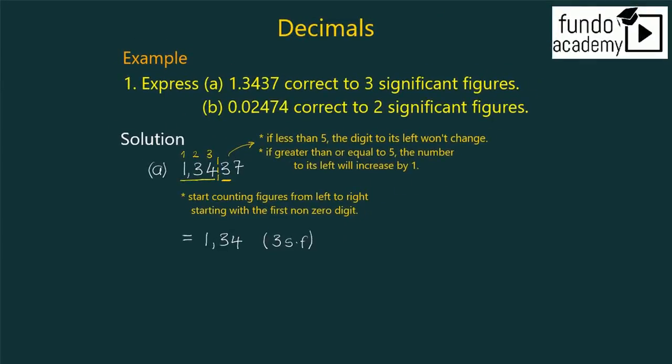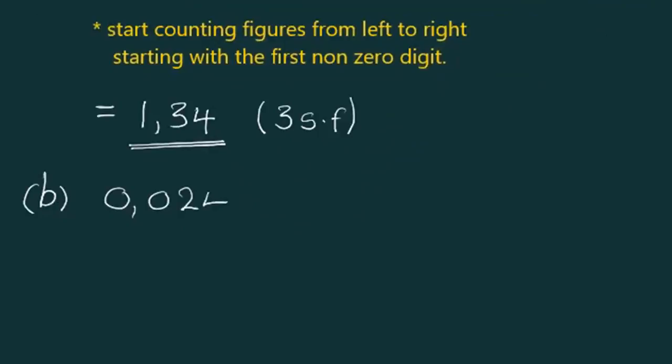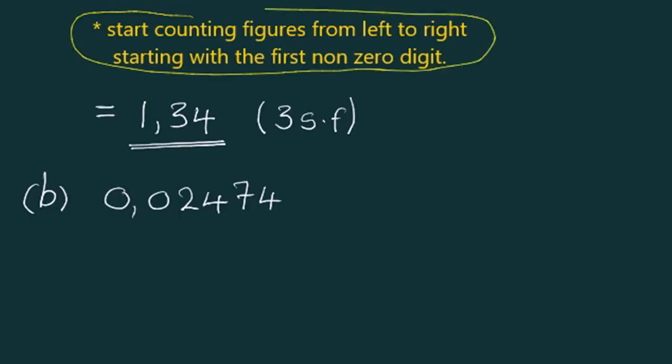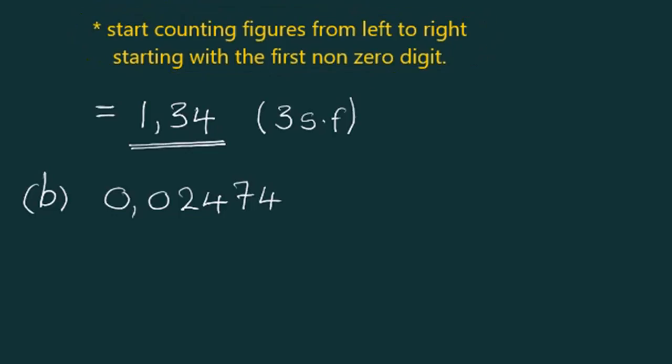Let's go on to part B to see if we have an idea now of how we round a given decimal to a number of significant figures. We've got 0.02474. Alright, so remember what we say. We start counting figures from left to right, starting with the non-zero digits.